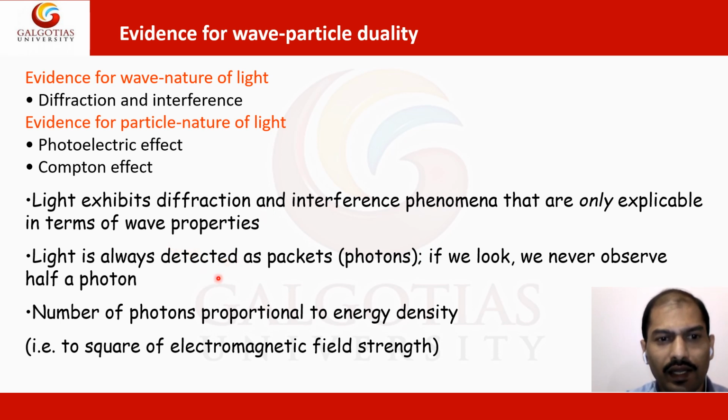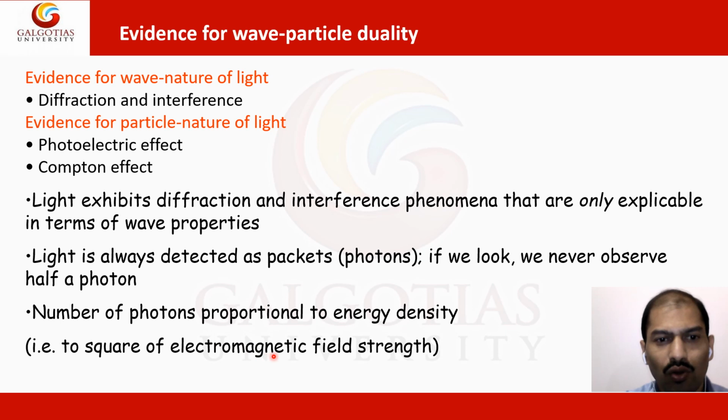Since light exhibits diffraction and interference phenomena that are only explainable in terms of wave properties, these two show that light has a wave-like nature, and the photoelectric effect and Compton effect support the evidence for the particle nature of light.